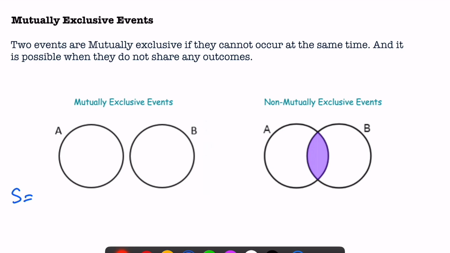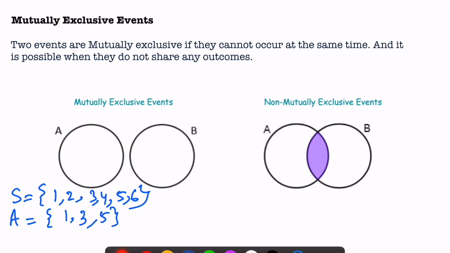Let's say the sample space is 1, 2, 3, 4, 5, 6. One event A is 1, 3, 5. Event B is getting outcome 2, 3, 4, 5. So are they mutually exclusive?